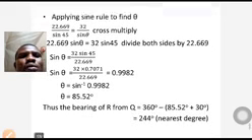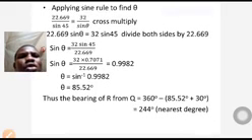So you have 0.9982. Now theta is equal to inverse sine of 0.9982. So in your calculator you press shift and the sine, so you have that symbol. Now press 0.9982. So now theta is what? 85.52.